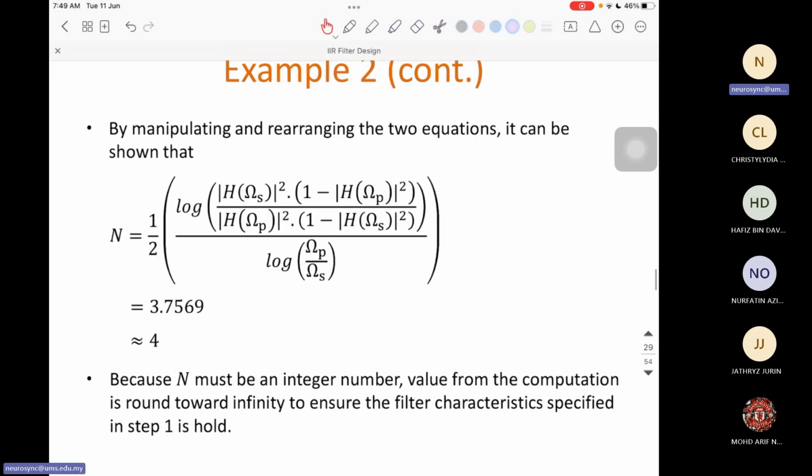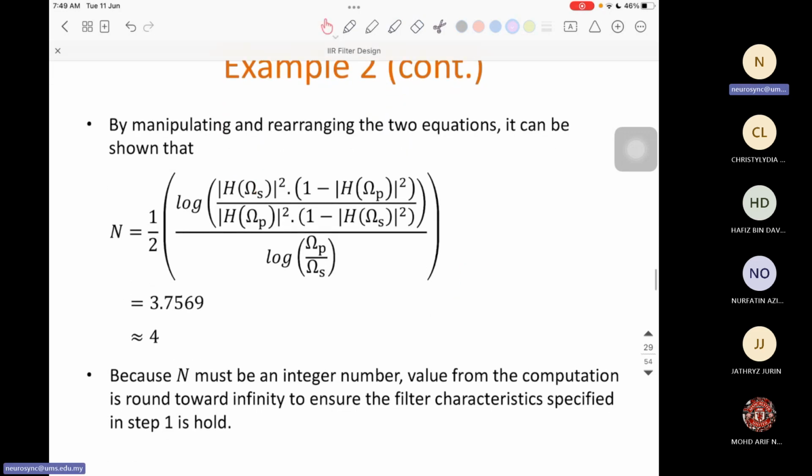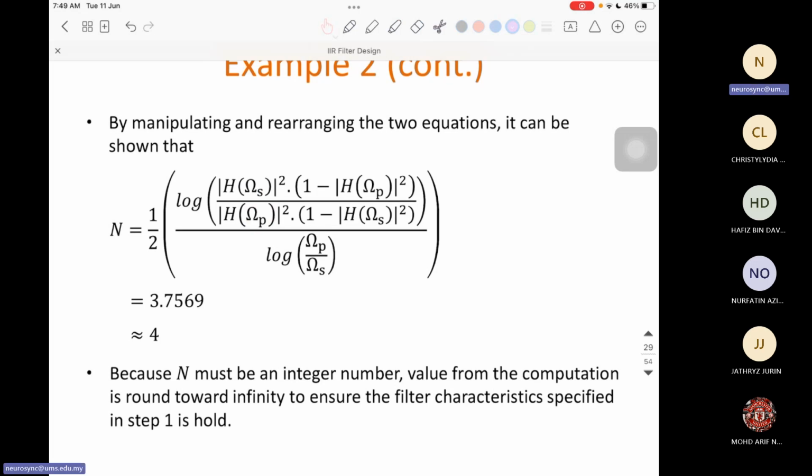And if we put the values here, so this value is 0.9, 0.1 square, this is 1 minus 0.9 square, like this. So if we put the value here, we will get n equal to 3.7569. But n must be an integer value. Therefore, we will choose the value which is nearby this value.